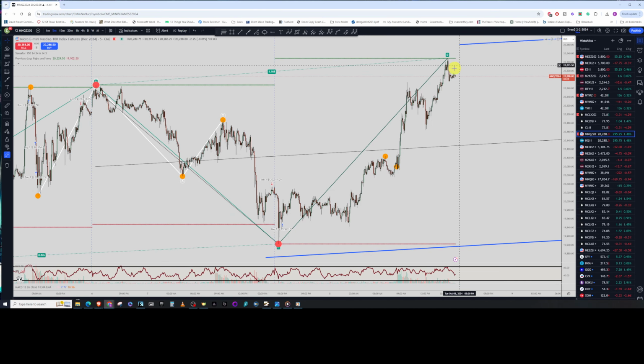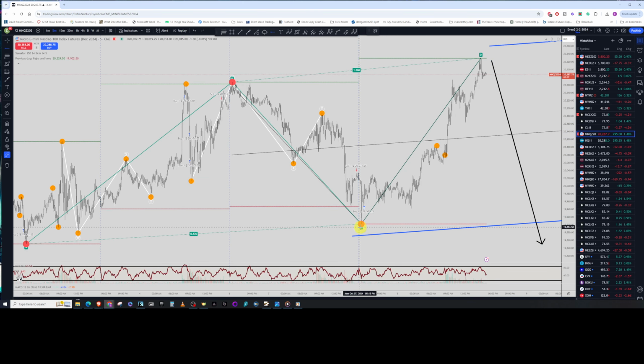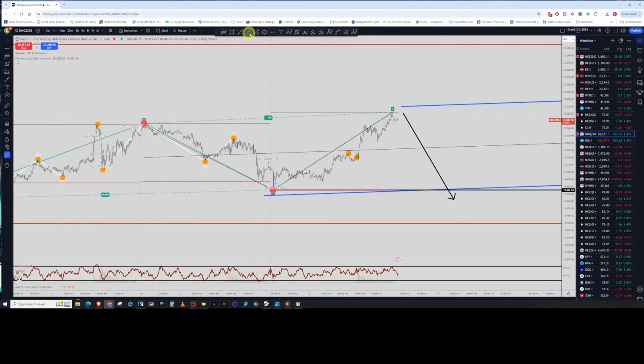1, 2, 3. We could have another Andrews pitchfork trade because we have a higher high. So after D, price also would need to come down and break this low right here, so we get a red point up there, and then eventually we'd create a red one down there. So we could have another Andrews pitchfork, but then we'd still have to wait for price, once it breaks that low, to move up and break the Andrews pitchfork, which would look like this here.